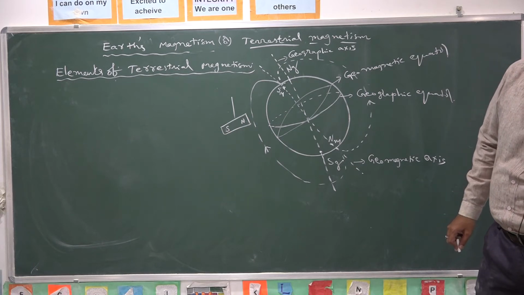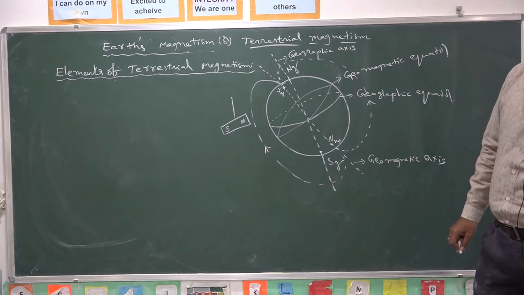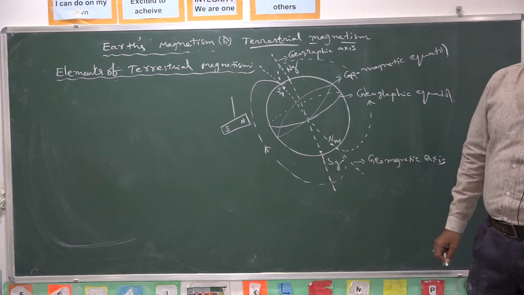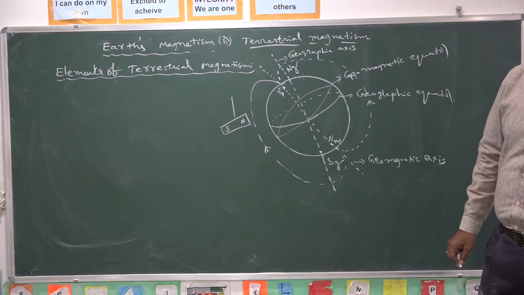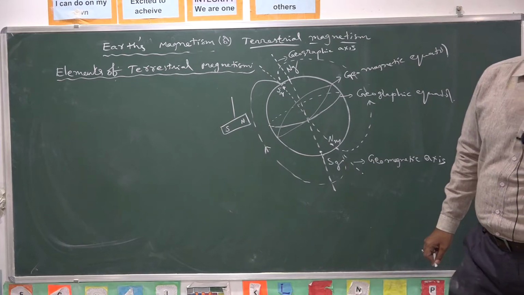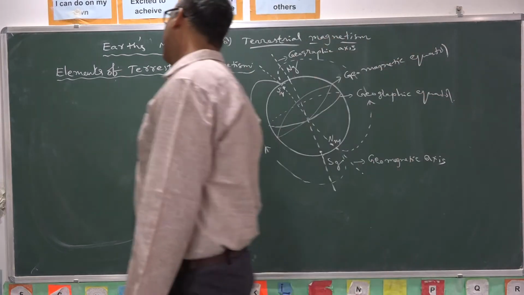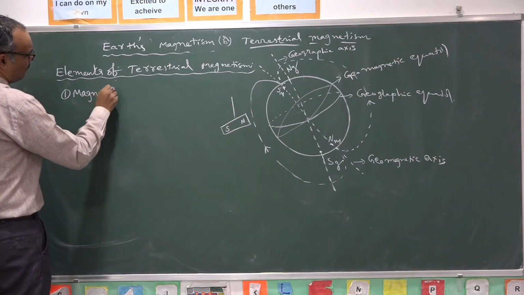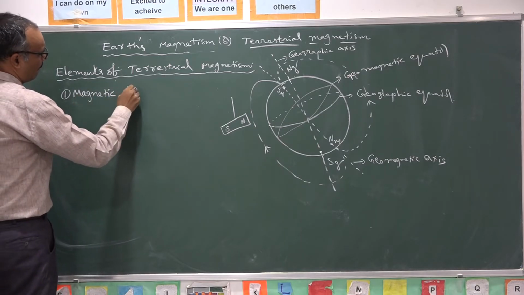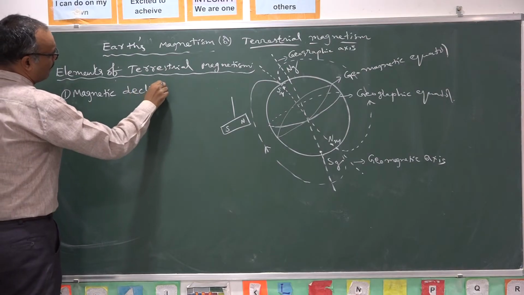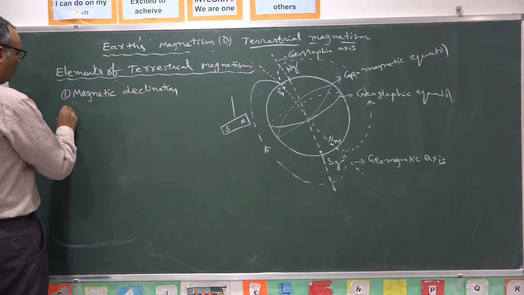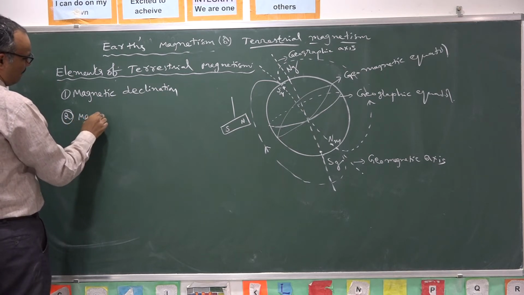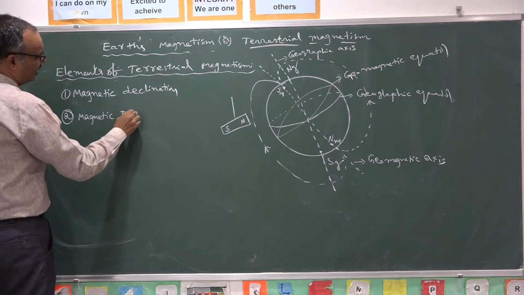Here, there are certain elements to understand magnetism at a given place. One is magnetic declination. Second one is magnetic inclination.